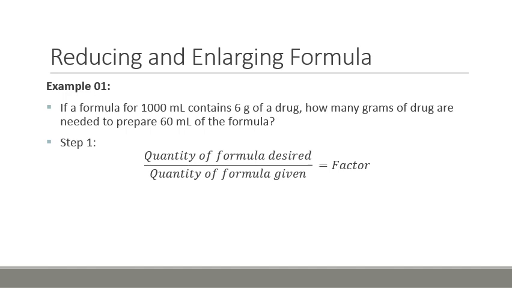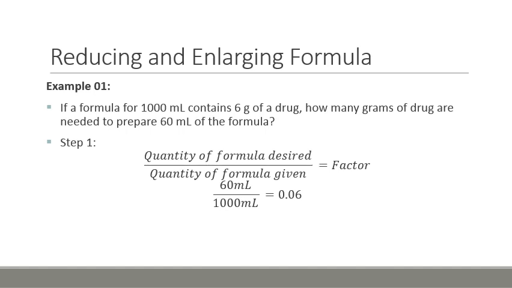The quantity of formula desired is what we want to make, so 60 ml. The quantity of formula given, the standard preparation, is 100 ml. If we put these values in this formula, we get 60 ml divided by 100 ml is equal to 0.06. That is the factor.